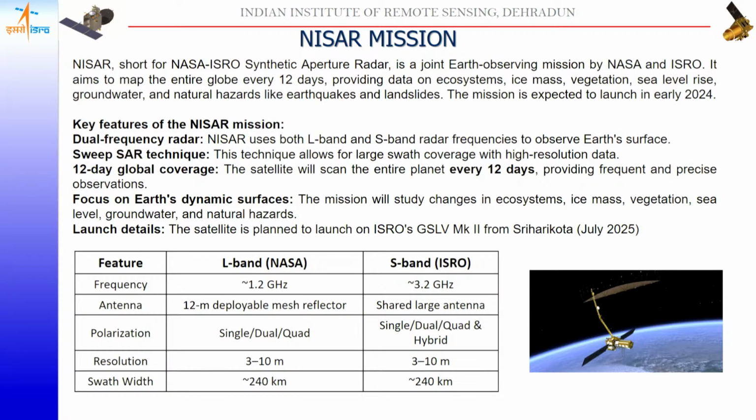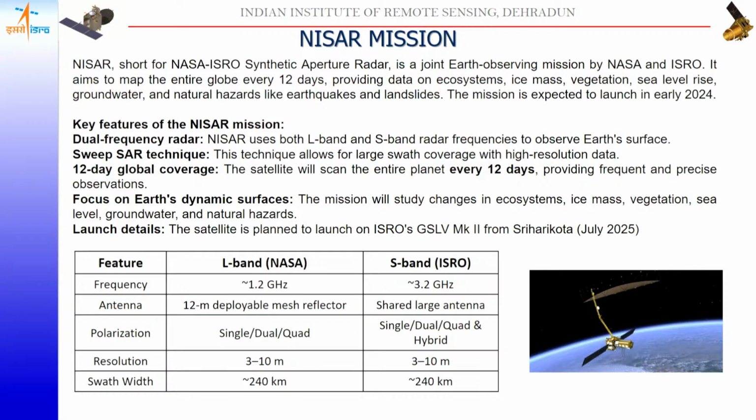Using this SweepSAR technology, a large reflector antenna is used to generate a larger swath in the NISAR mission, and we are not compromising with the azimuth resolution. With the increased swath we have high resolution in both L and S bands. The NISAR mission is scheduled for the end of July from ISRO, which will launch it, and it has an open data policy.